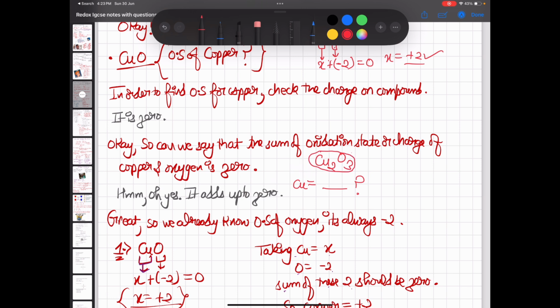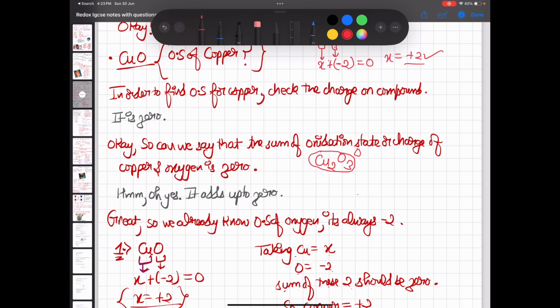Compounds are always 0 charge, so this is 0. Fine. Now, just think about it. Does this mean the sum of oxidation states of copper and oxygen must be 0, right? Alright. So if you agree on this point, this question will be easier to solve.